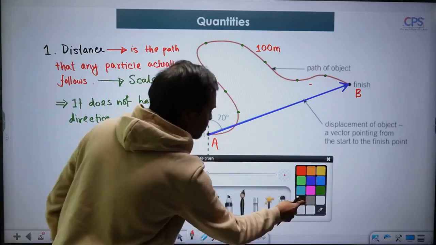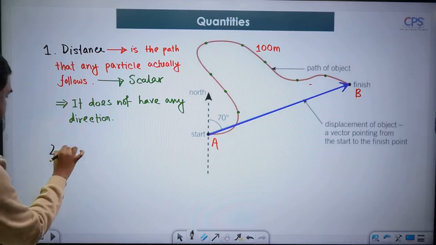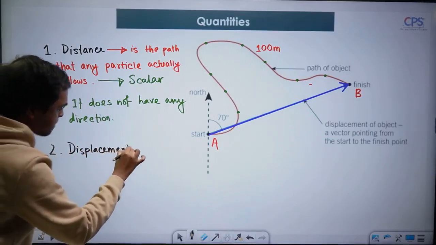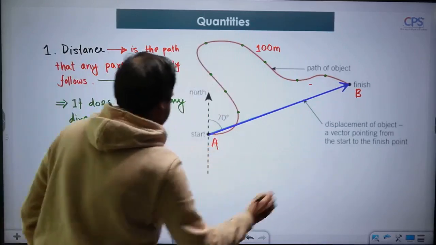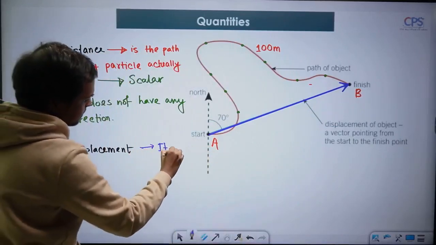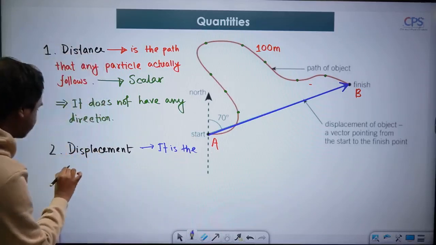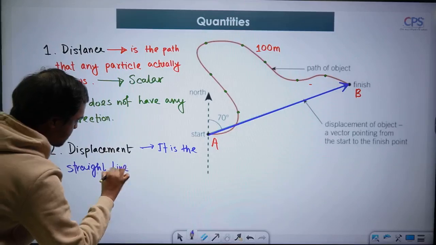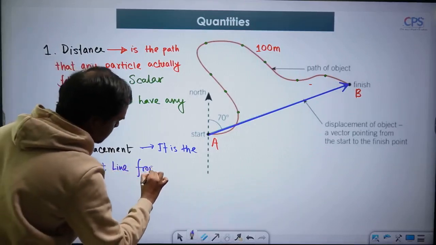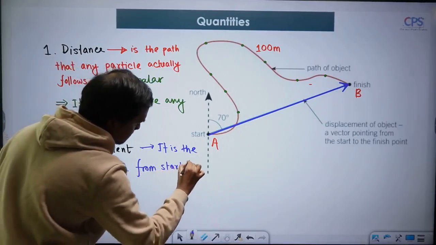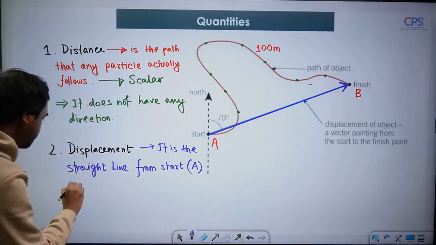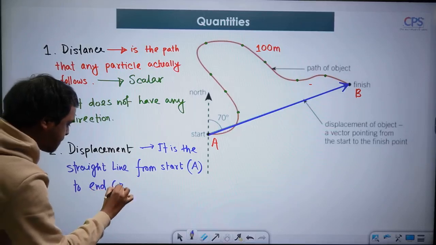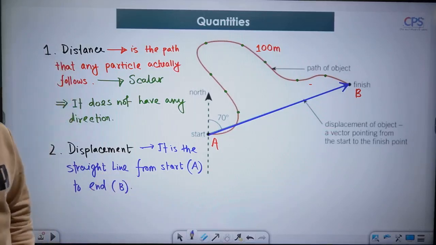So whatever we can say right now, displacement is the straight line from the start, which is A, to the end, which is B. Don't worry.